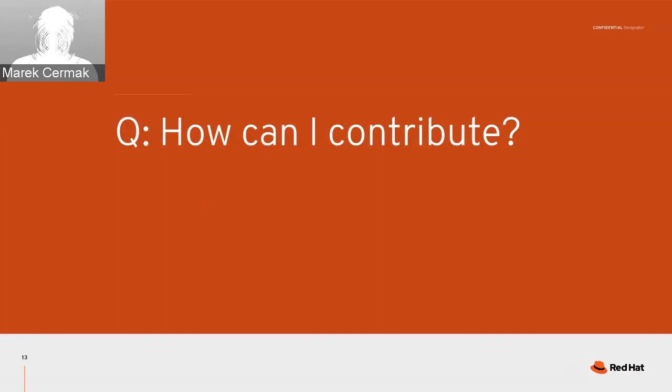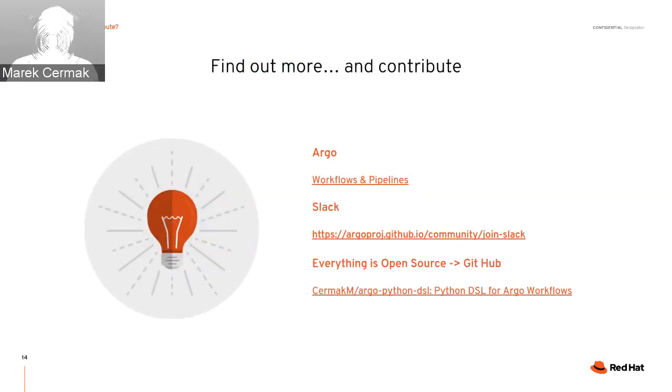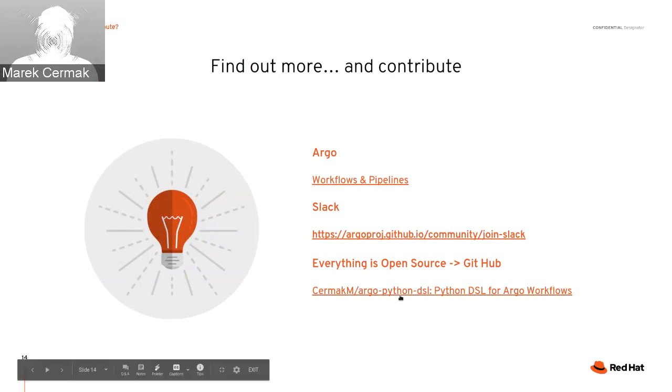And of course, how can I contribute? So take a look at Argo itself. Feel free to join the community on Slack, and feel free to contribute to the Python DSL. This link might change.